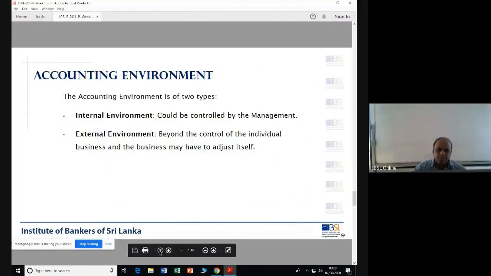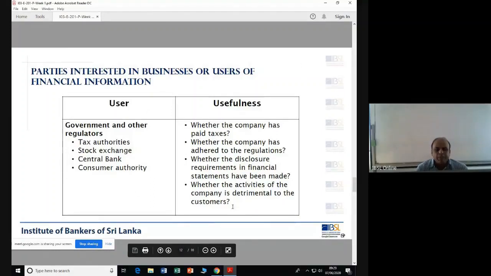And lastly, government and other regulators, very important. So you know, government and other regulators are also a part of stakeholders to the companies or to the businesses. Now, who are these stakeholders coming under the category of government and other regulators? The tax authorities. Why?